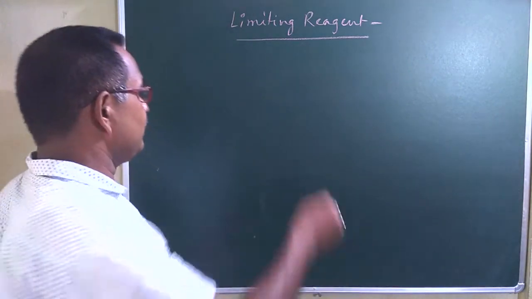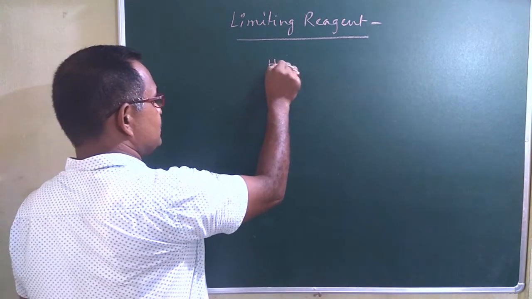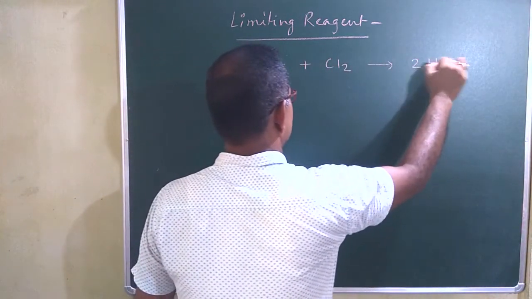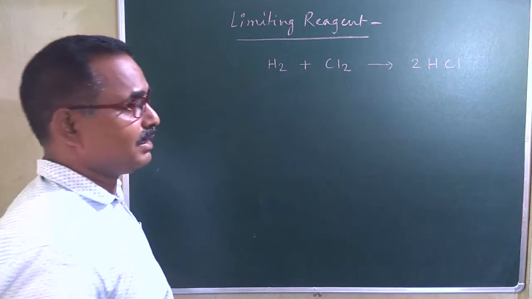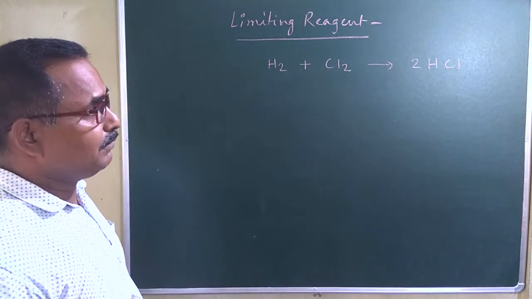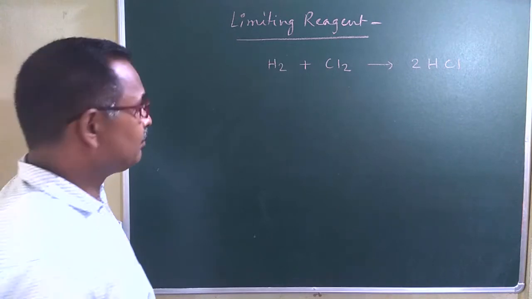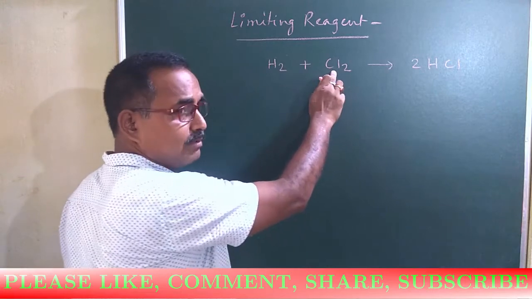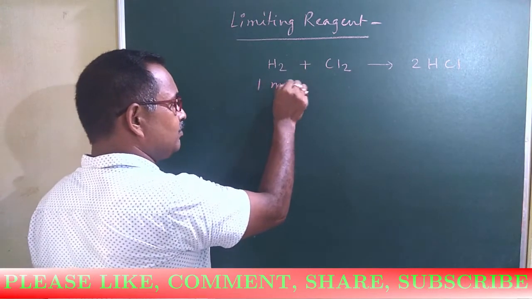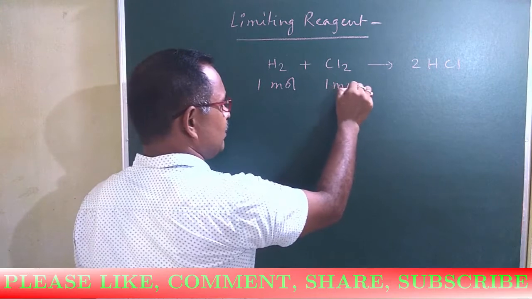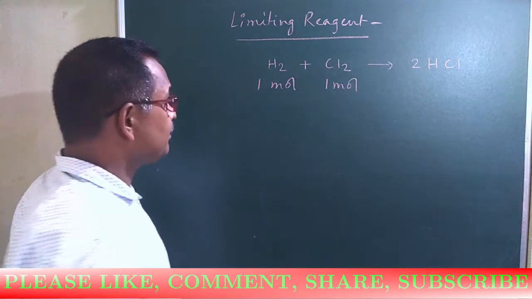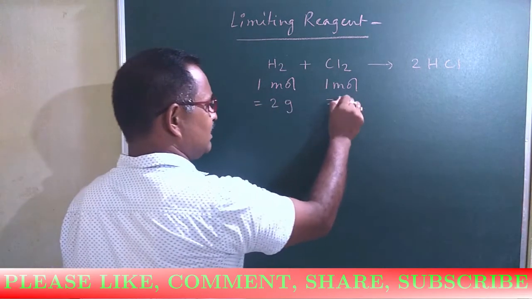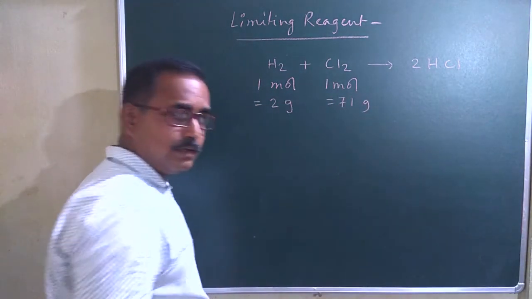Take another reaction. Say H2 plus Cl2 gives 2HCl. This is the chemical equation representing the formation of HCl from hydrogen and chlorine. Here we will say 1 molecule of H2 reacts with 1 molecule of Cl2, or 1 mole of H2 reacts with 1 mole of Cl2. 1 mole H2 means 2 gram, 1 mole Cl2 means 71 gram.